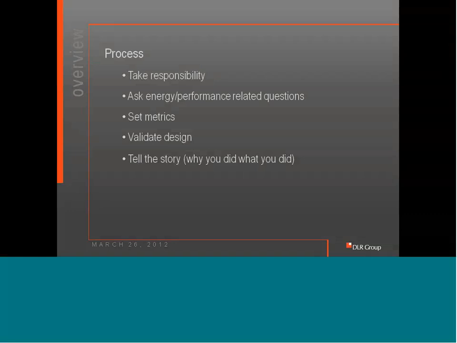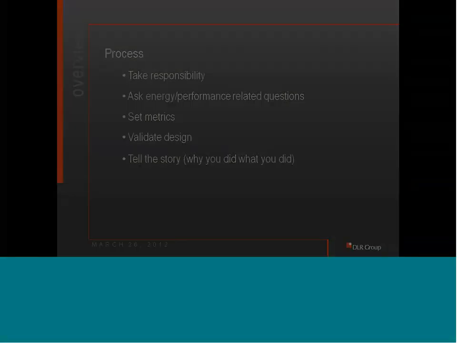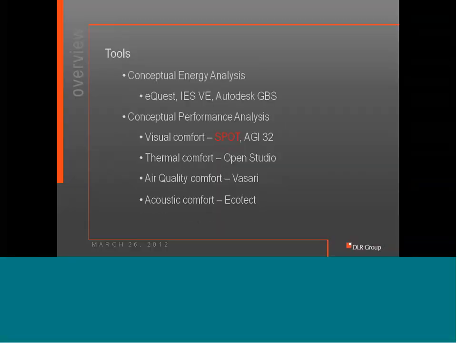The important part here is why you did what you did, and we seldom do that in our design process. We just talk about what our design is, but we don't write a story about how and why you did what you did. I think that's what I would like us to focus on. We looked at several tools. Today we're going to look at Spot.